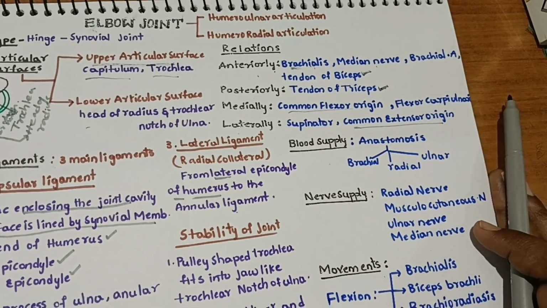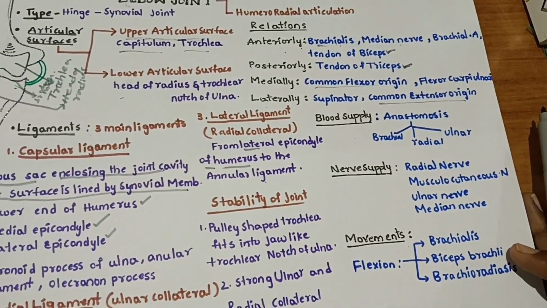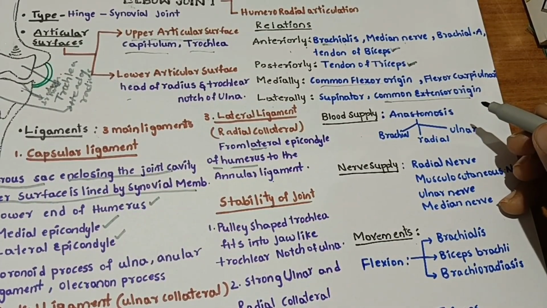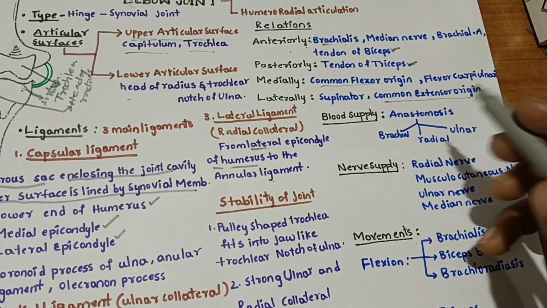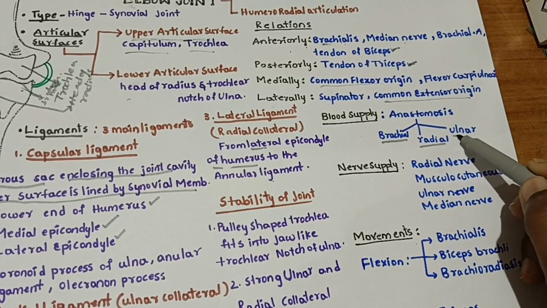Now let's see the blood supply, nerve supply and the movements of the elbow joint. The blood supply is by an anastomosis around the elbow joint, formed by branches from the brachial artery, radial artery and the ulnar artery.